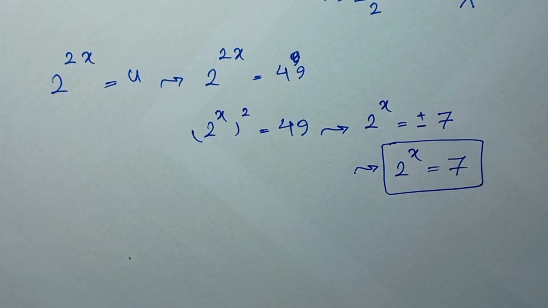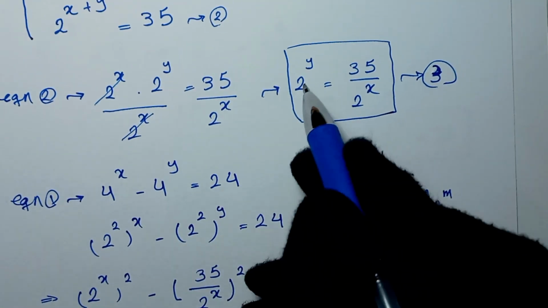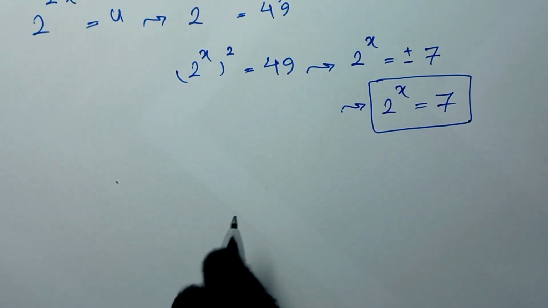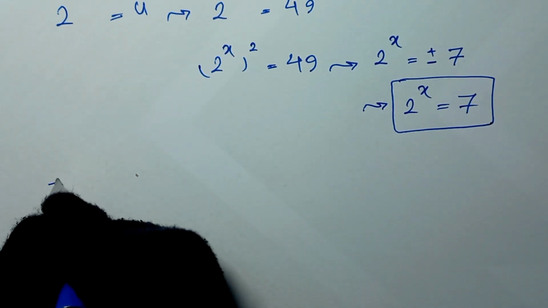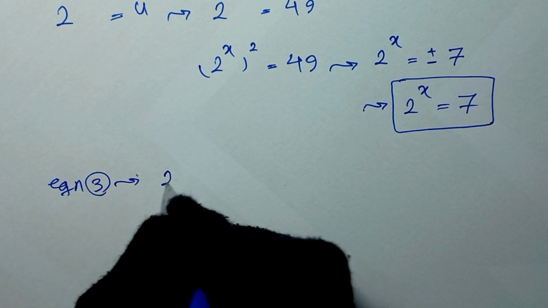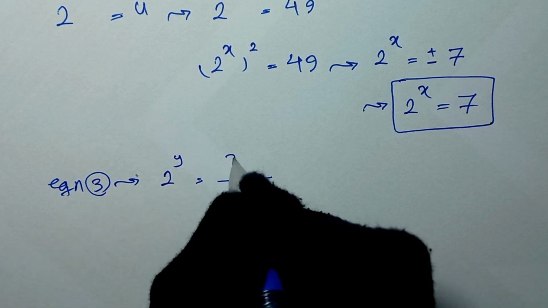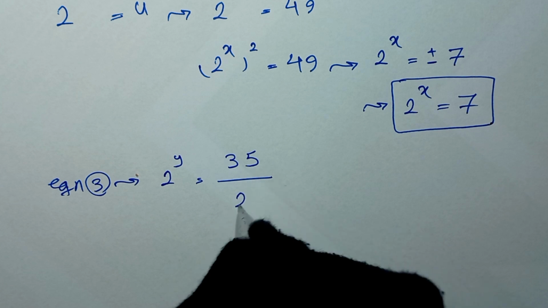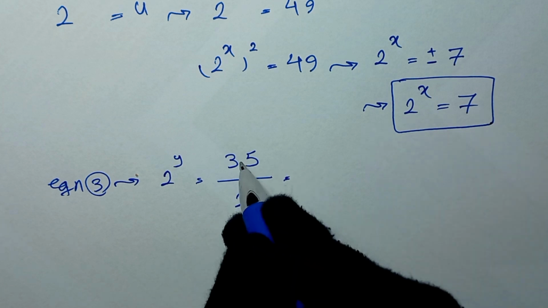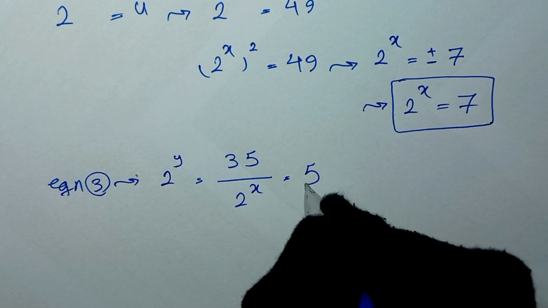So, from equation 3, 2^y is 35 over 2^x. And 2^x is 7, so 35 over 7 is 5.